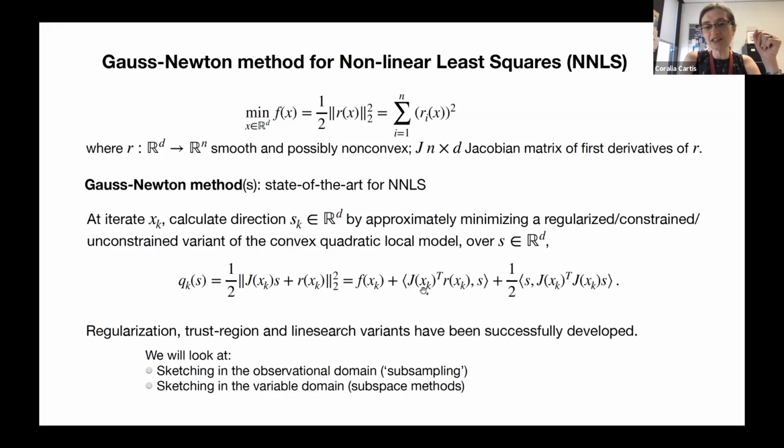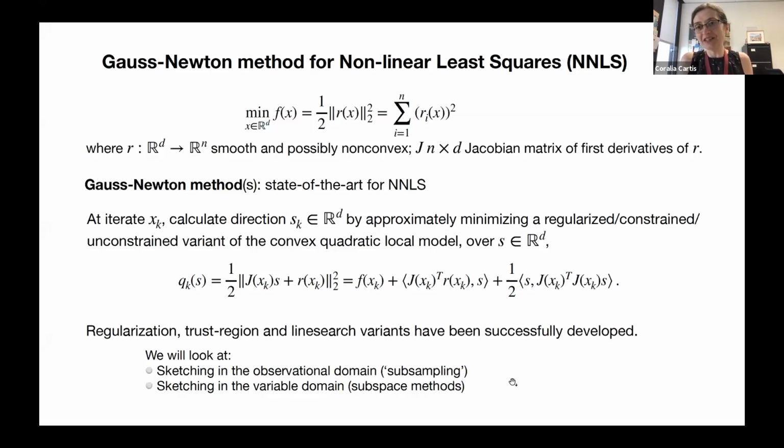And in the first order term, this J transpose r is nothing but the exact gradient. So this model here matches the gradient of f correctly. So it's a correct first order model and an approximate second order model. And it's convex, so it's a nice model. And to calculate it, you only need the first derivatives of r and r values. You don't need second derivatives. Okay.